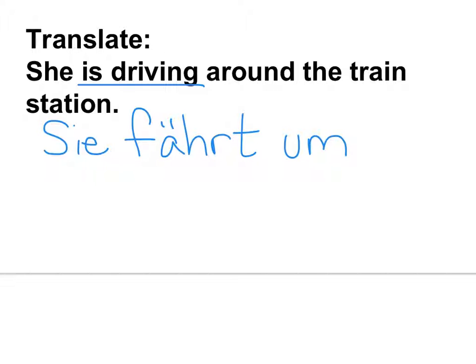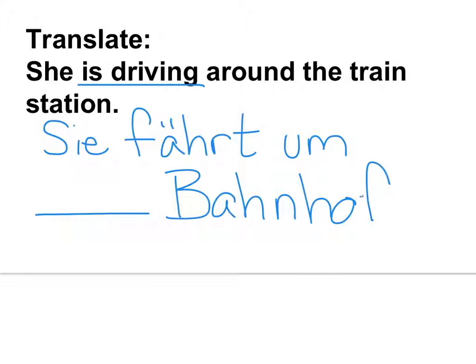How do you say train station? Wait. I'll give you a hint. What does it start with? I just wrote the letter. Oh, why can't I make it? This is one you all need to know, so here we go. Bahnhof. It's a word for train station. Okay. This is a masculine word.